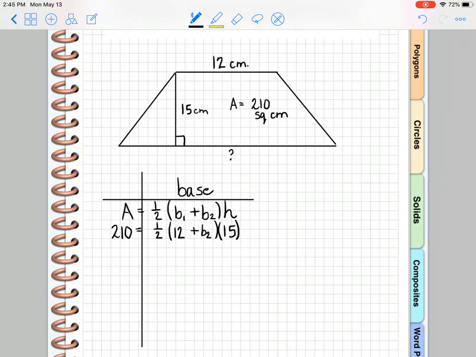Okay, the first thing I'm going to do is get rid of this 1/2 and this 15. So I'm going to go ahead and say 1/2 times 15, which is 7.5, times 12 plus b2, the second base, is 210.